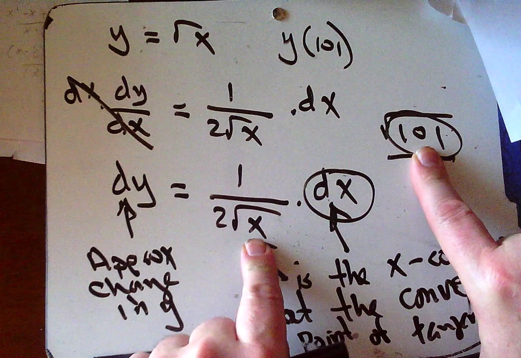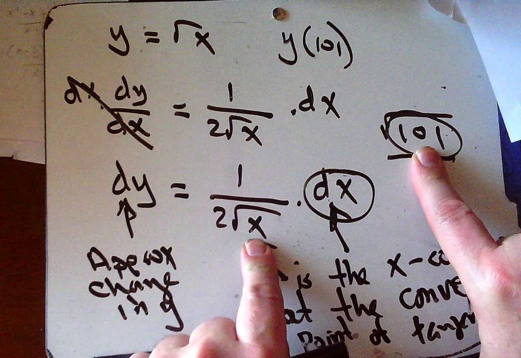Yeah, and I kind of appreciate that I can approximate the change in y so much easier than saying, well, how the hell do I find out what the square root of 101 is without using a calculator? And the answer is, I don't know.